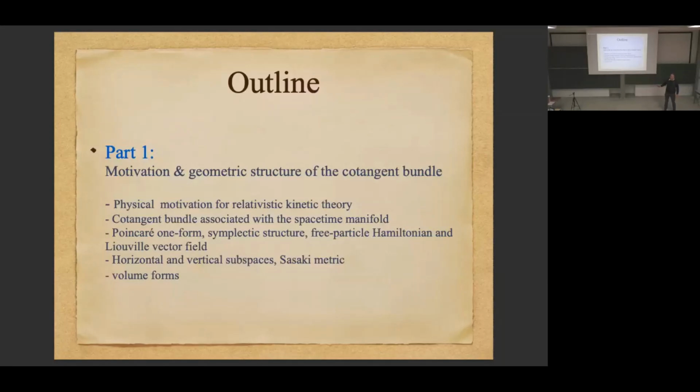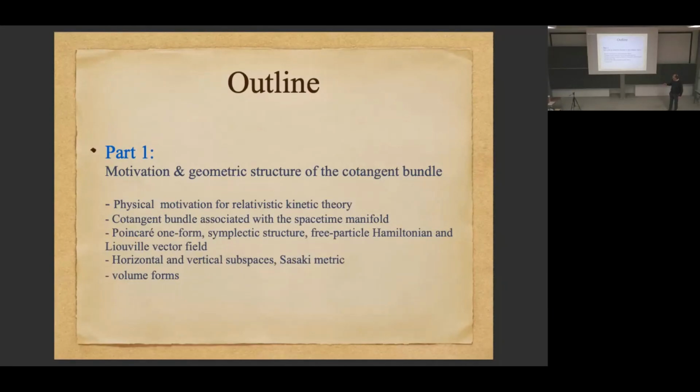All right, so let's start with part 1 then. I will start with a brief physical motivation for why it is interesting to study relativistic kinetic theory. Then I will tell you about the cotangent bundle of the space-time manifold, and the natural structures that we have here: the Poincaré one-form, or canonical one-form, the symplectic structure, the free particle Hamiltonian, and the Liouville vector field.